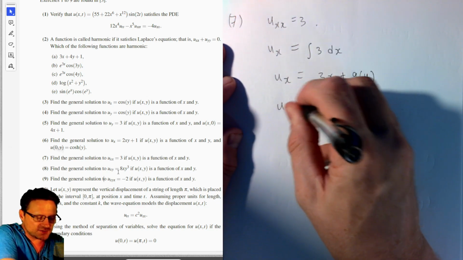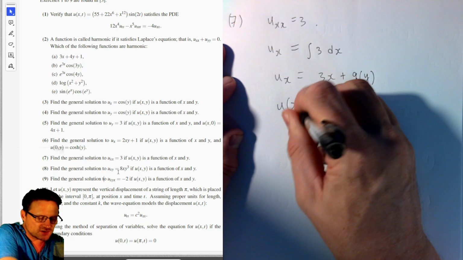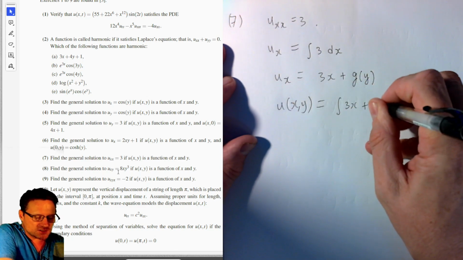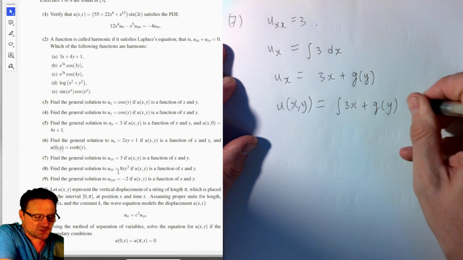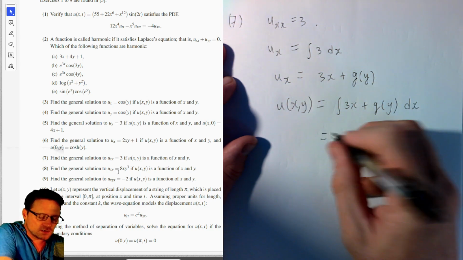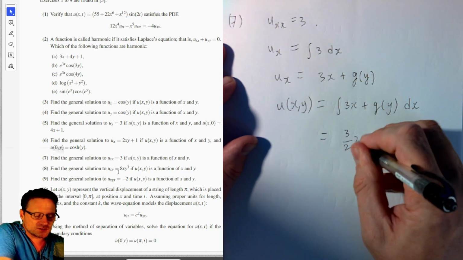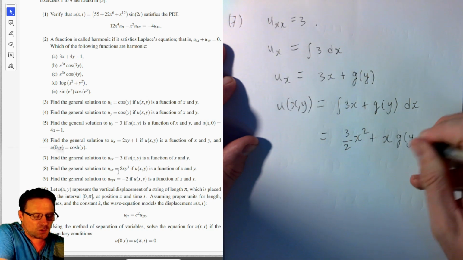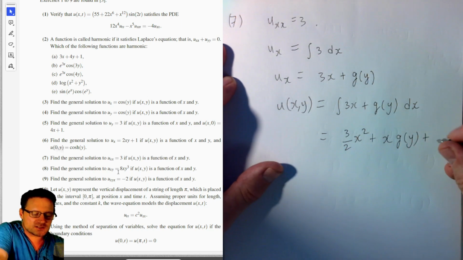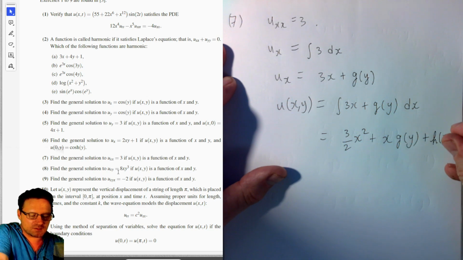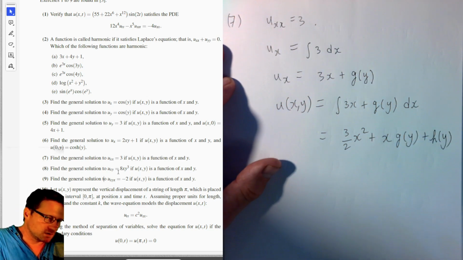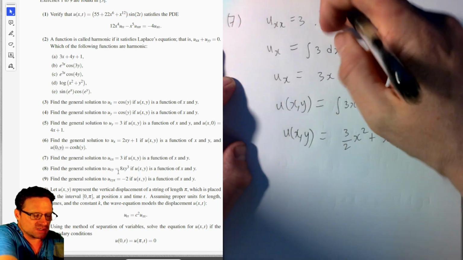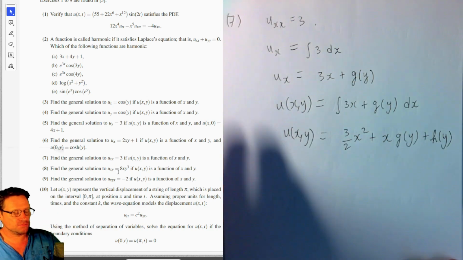So if we integrate this again, we have u as a function of x and y, the integral of 3x plus g of y with respect to x. So that's 3 over 2 x squared plus x g of y plus some other function h of y. Okay, so this is our most general solution to this partial differential equation.